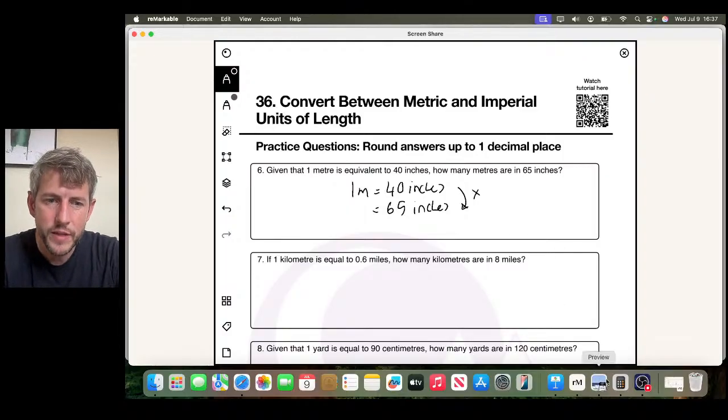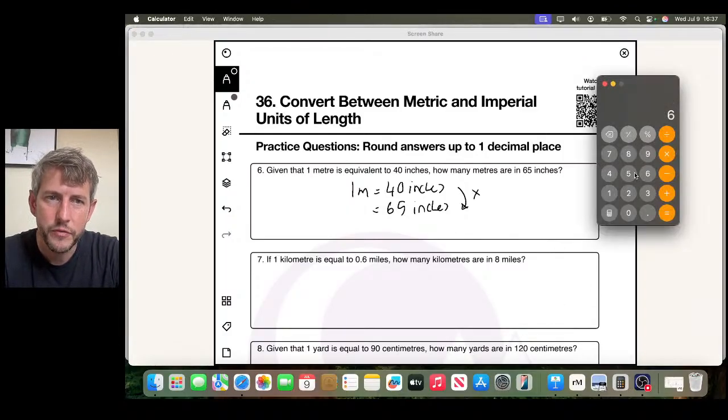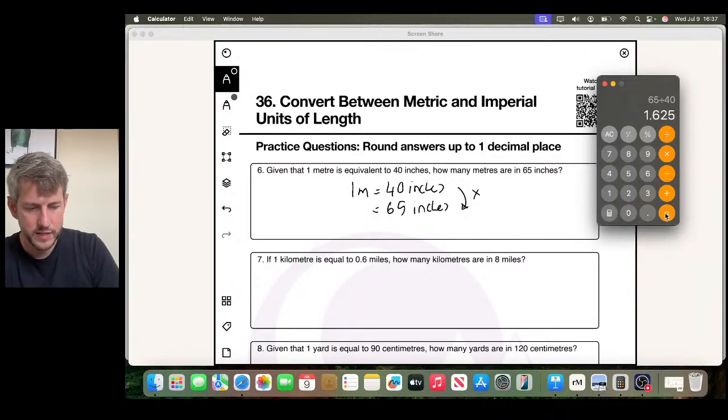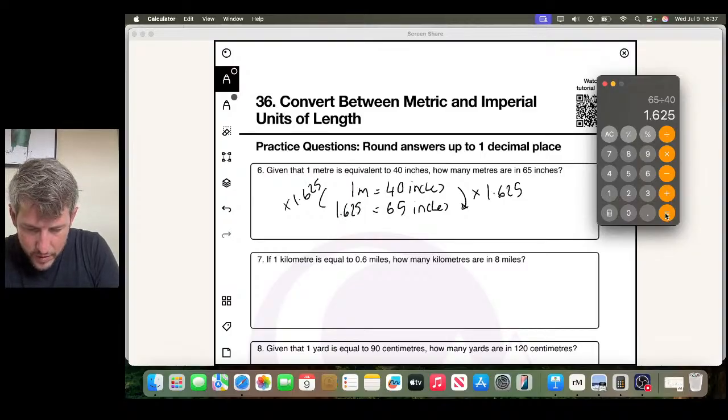And the way that we do that, again, is by doing 65 divided by 40. So that's going to be 1.625. So we'll times this by 1.625 as well, because these are directly proportional. So 1.625 metres. Now we want it to 1 decimal place. So that is going to be 1.6 metres.